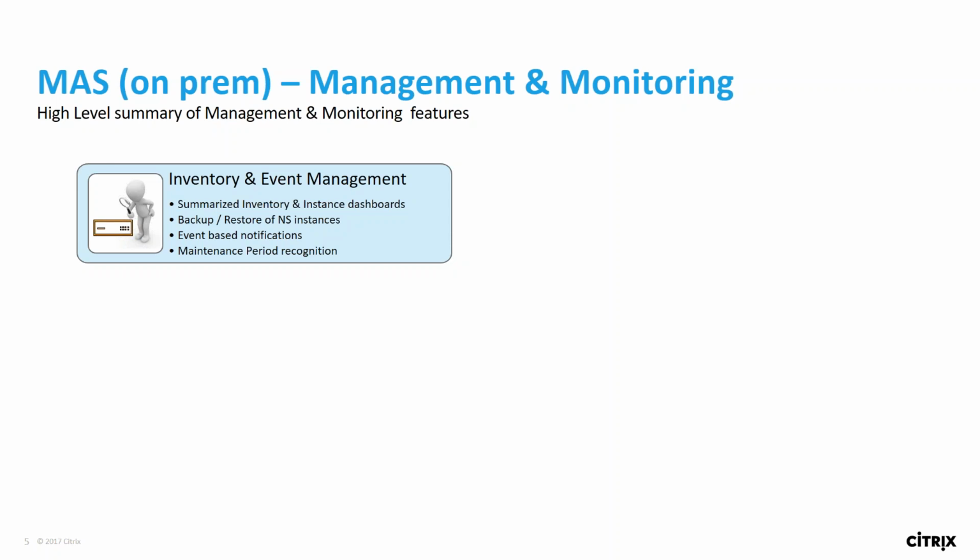This is just one of the use cases. We support quite a multiple breadth of use cases with our event management module. And we also have maintenance period recognition, wherein you can choose not to get any notifications during that maintenance period.